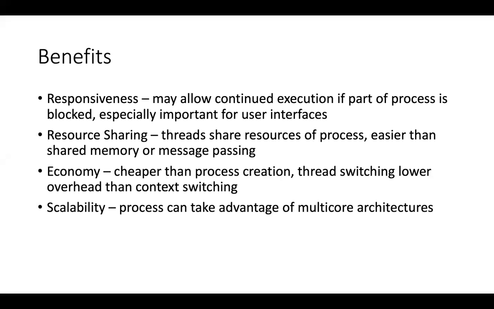And then it is cheaper than process creation, and we also have thread switching being lower overhead as opposed to the context switching that we looked at yesterday. And then there's the possibility of scaling up, in that the process can take advantage of multi-core architectures. So those are some of the benefits of multi-threading.